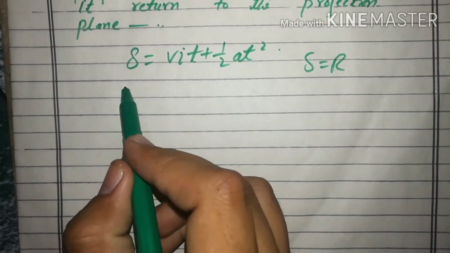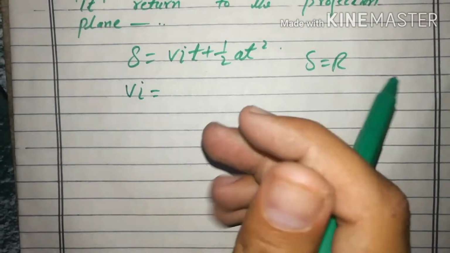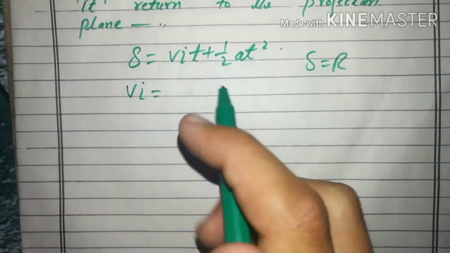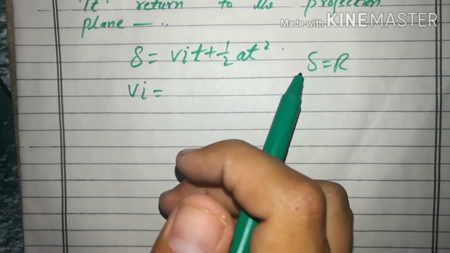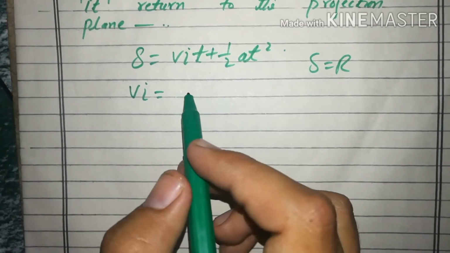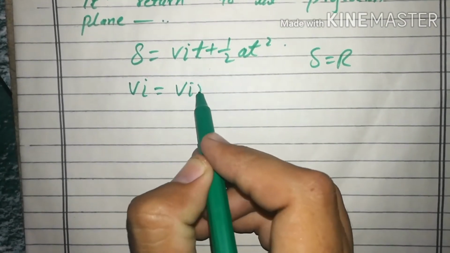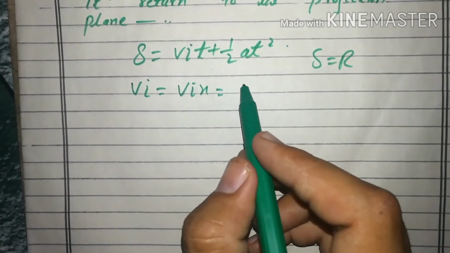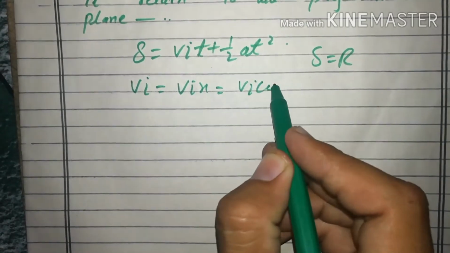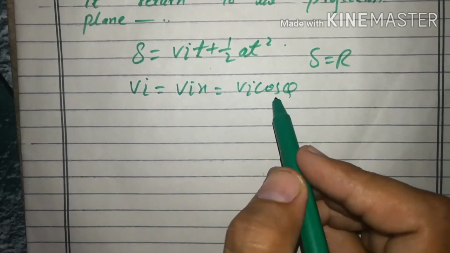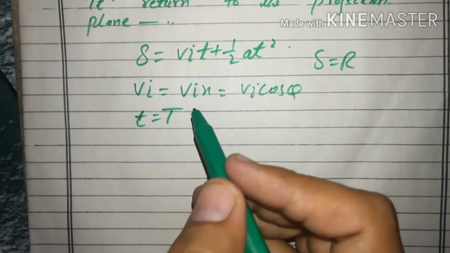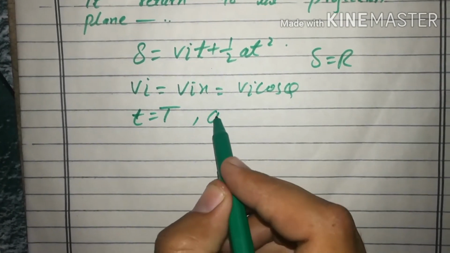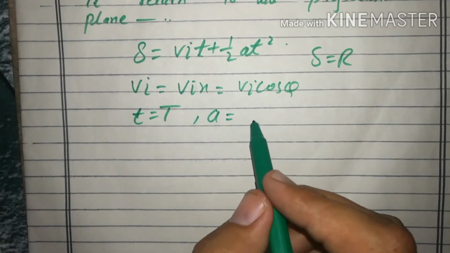So S is equal to capital R and Vi is equal to, as the motion is horizontal, for range we take the horizontal motion of the projectile. So Vi is equal to Vix, that is equal to Vi cos theta. Okay, and t is equal to capital T. Acceleration is equal to ax.